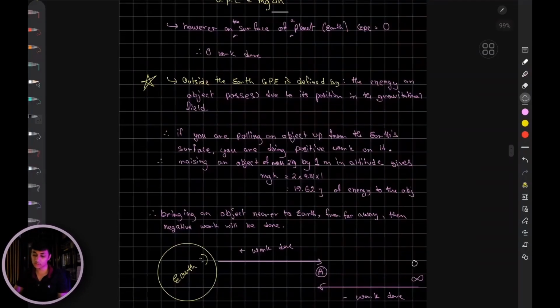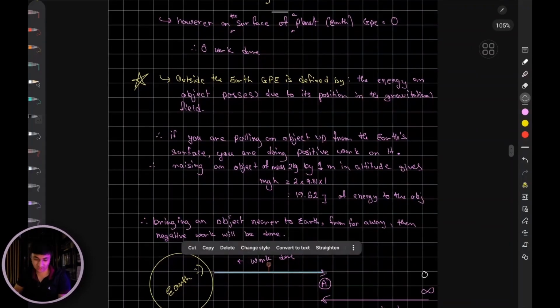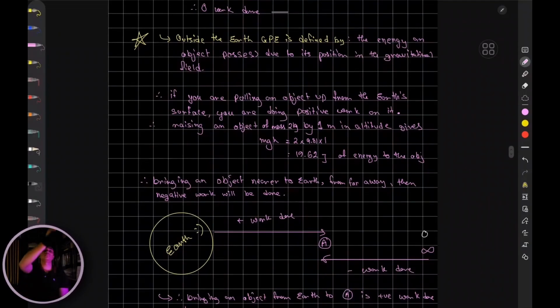Now, let's say from the surface of Earth, if you are lifting this object up, you're doing work on the object. You're putting energy into the object for it to be lifted up by any change in distance. Now, the heavier the object, the greater the amount of energy you need.